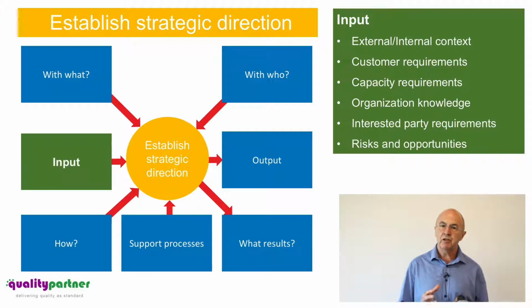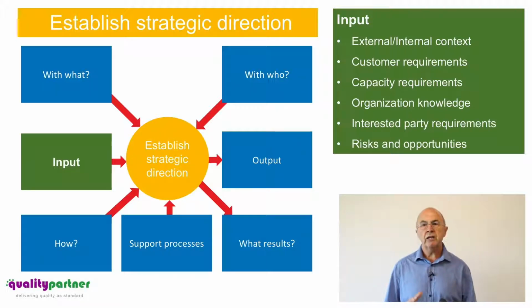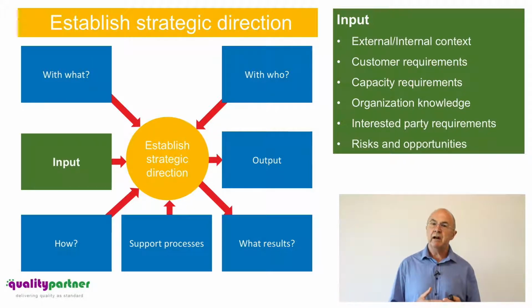Obviously, to establish the strategic direction, we need to understand the customer requirements, capacity requirements, and the organisational knowledge that we need and need to retain. Now within ISO 9001 we need to understand interested party requirements, and we also need to understand all the process risks and opportunities that may affect achieving the organisation's strategic direction.